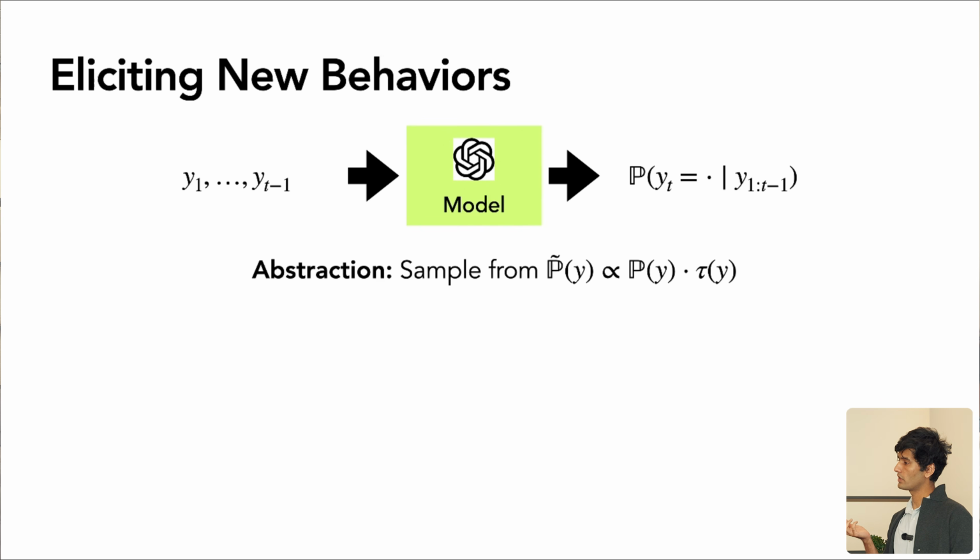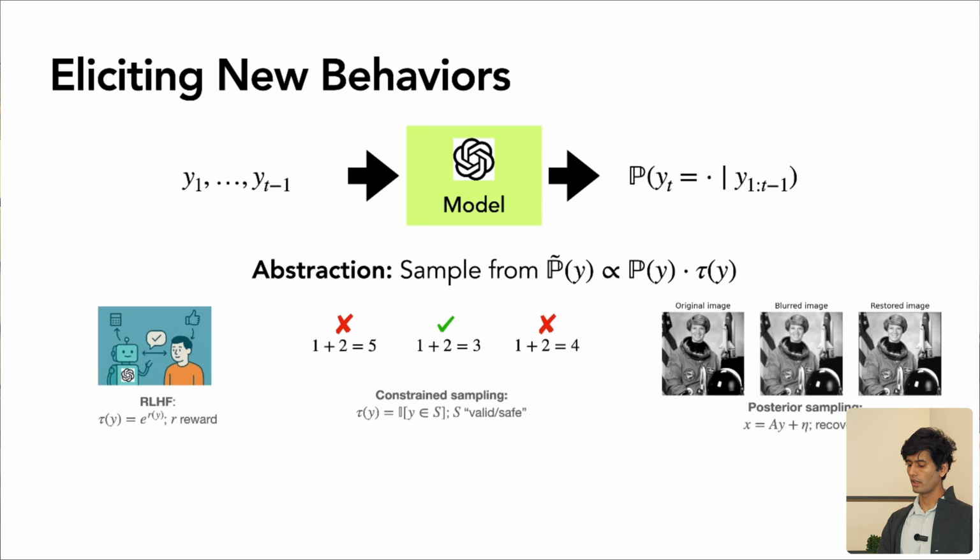I'll refer to this as tau, and again, you should just think of this as some sort of reward model. This abstracts many other settings that you might be familiar with. In particular, everyone here is super familiar with how we think about reward modeling in the context of reinforcement learning with human feedback, where you want to think of the function as some exponential of some reward model that you have learned.